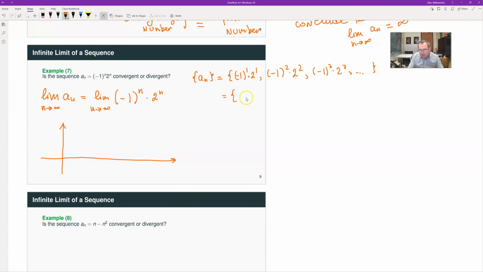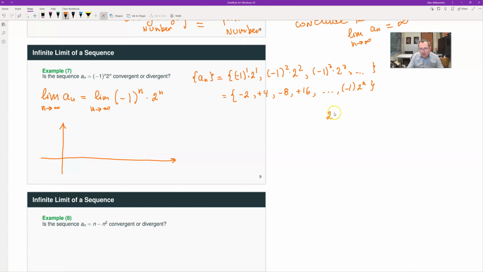So if we simplify it a little bit, you'll have -2 plus 4 minus 8 plus 16, and so on. So (-1)^n times 2^n.